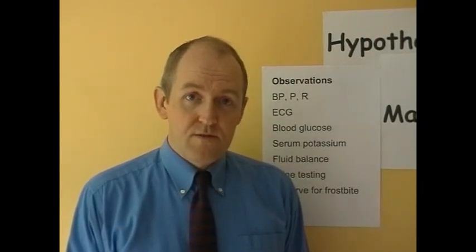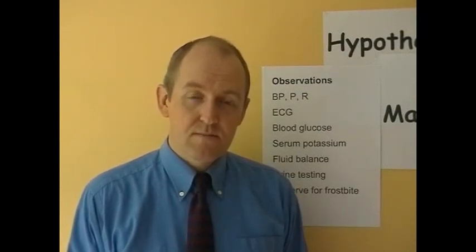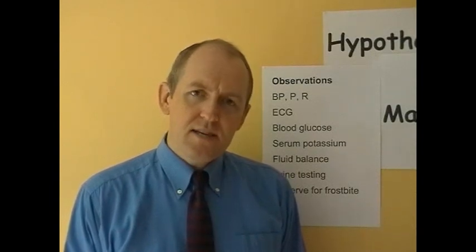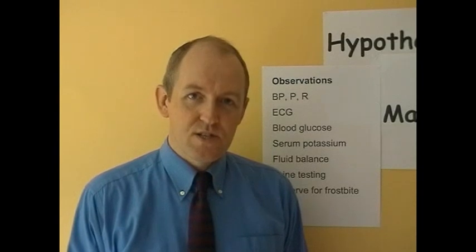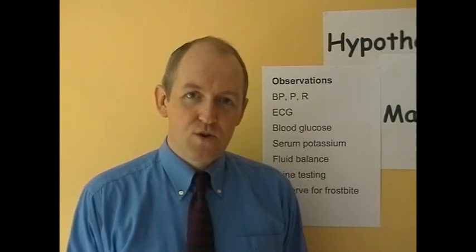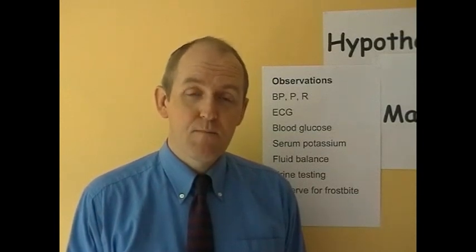Respirations need to be observed as well, of course. The rate and the depth of respiration, and we've already said what happens to these. But in addition, the cilia, the little hairs that waft the mucus from the alveoli up towards the trachea, are paralysed. They become progressively more paralysed the more hypothermic someone becomes, especially if they're breathing in a lot of cold air.